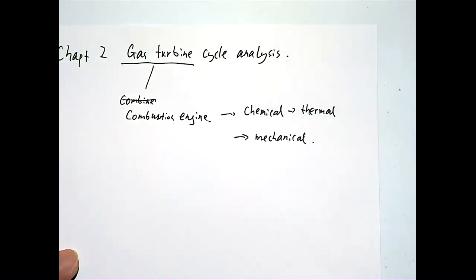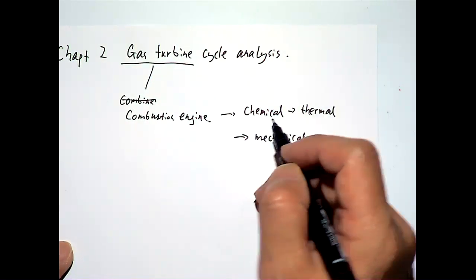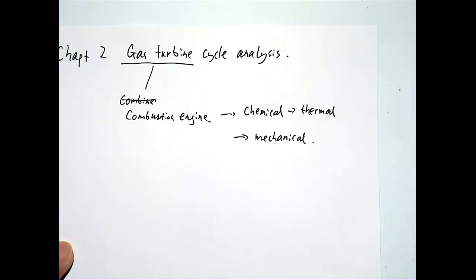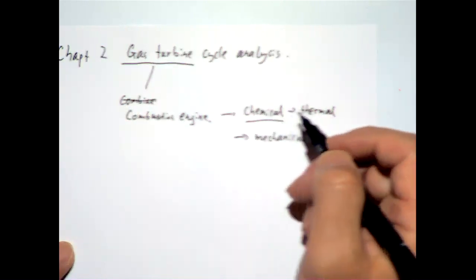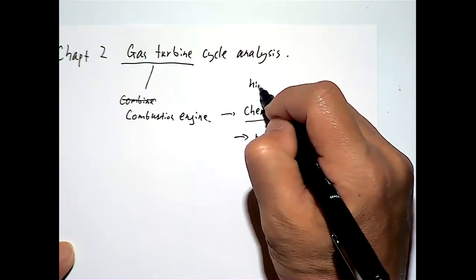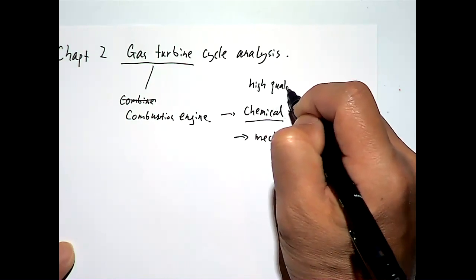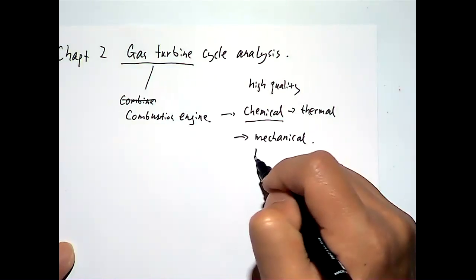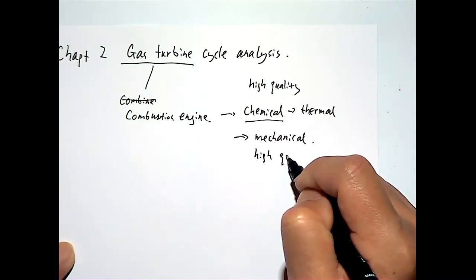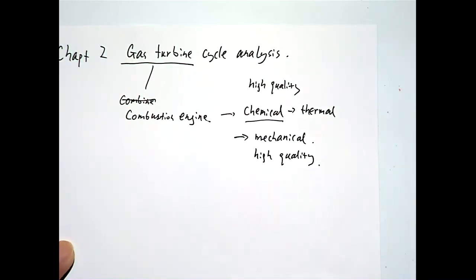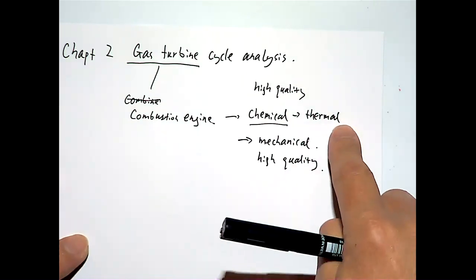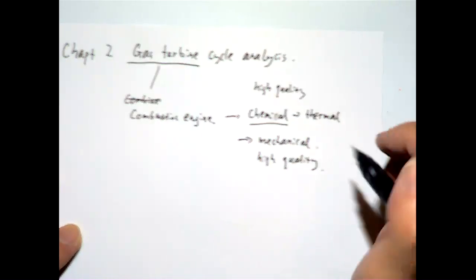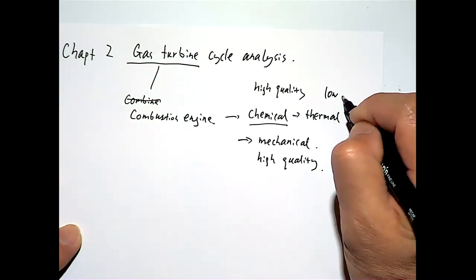And the reason for that is, if you consider the quality or the ranking of the different energy forms, chemical is a high quality, and the mechanical is also a high quality in terms of the potential or capability to be converted to work. Thermal or heat is not. It's a low quality form of energy.